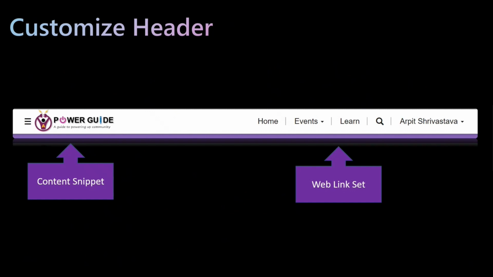For example, if you have to customize the logo, or change the company title, or whatever information you want to display, here I have put the logo called Power Guide. It might be something else as per your business need.